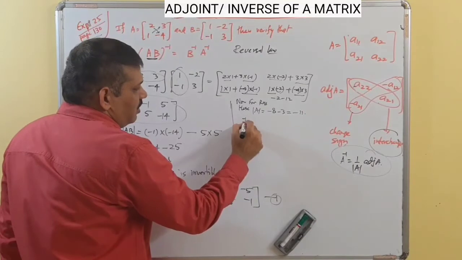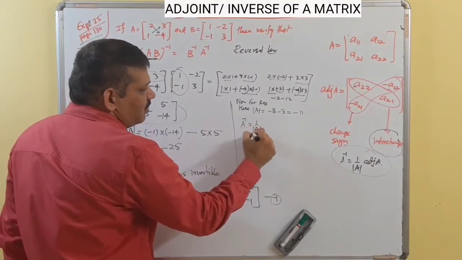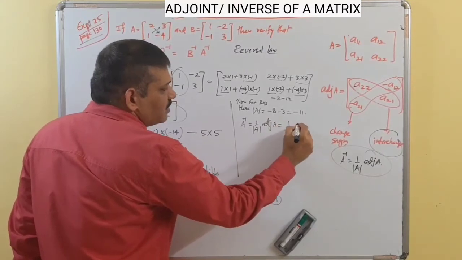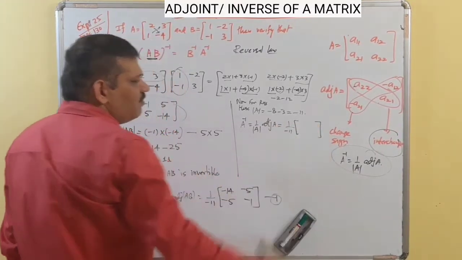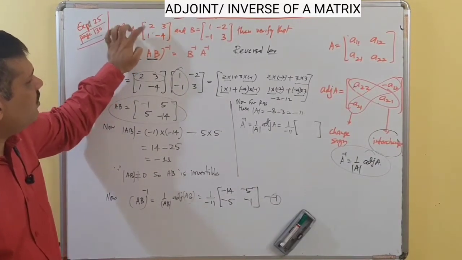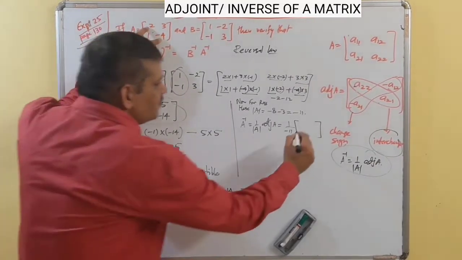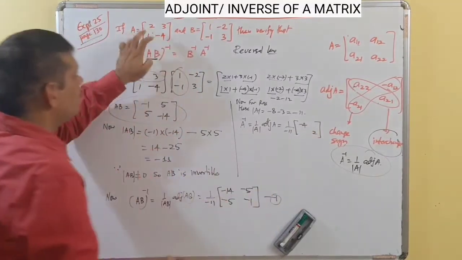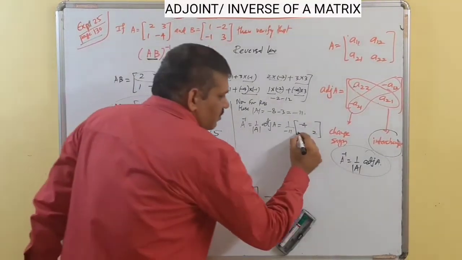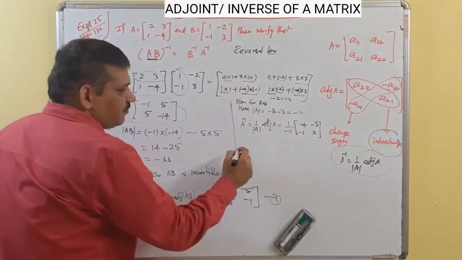Now A inverse is equal to 1 upon determinant A times the adjoint of A, 1 upon minus 11 times the adjoint of A. How will you find the adjoint? Simply interchange these two, minus 4 and 2, and change the sign of these two. So minus 1, minus 3.